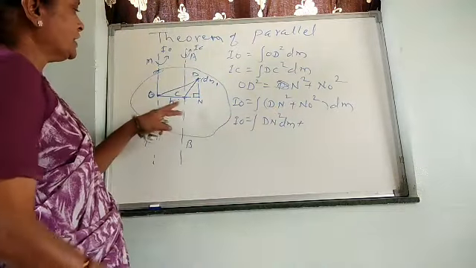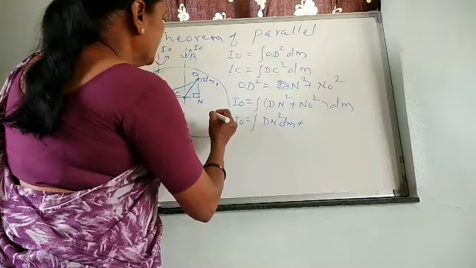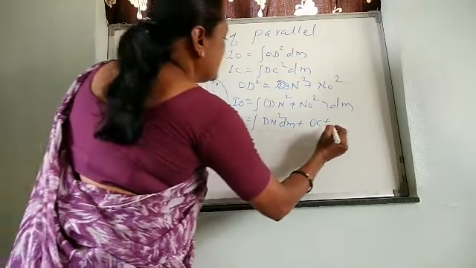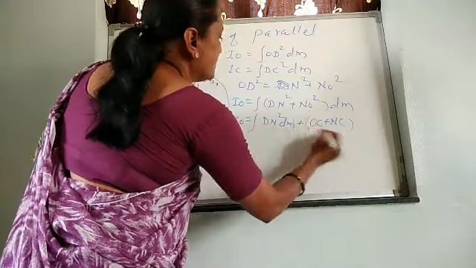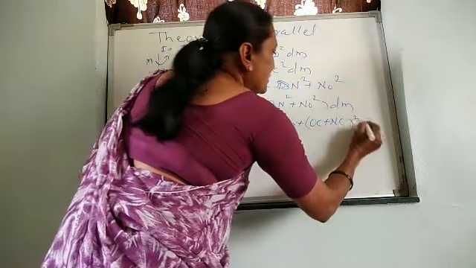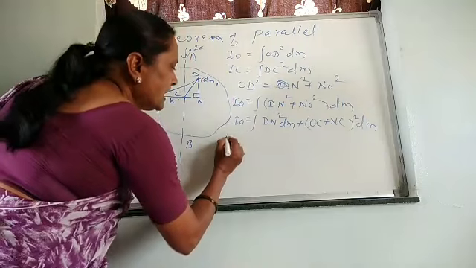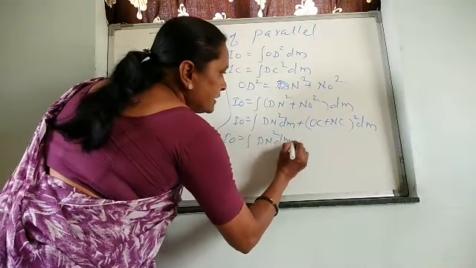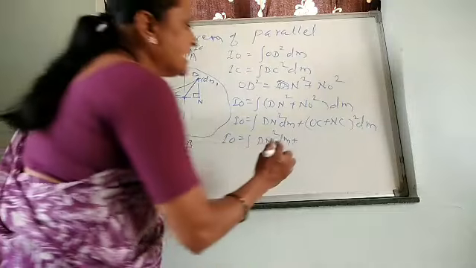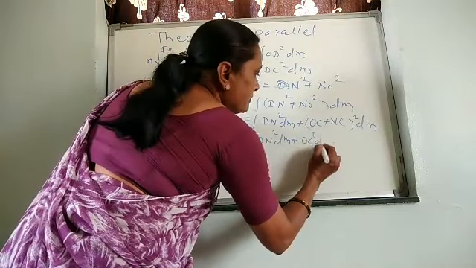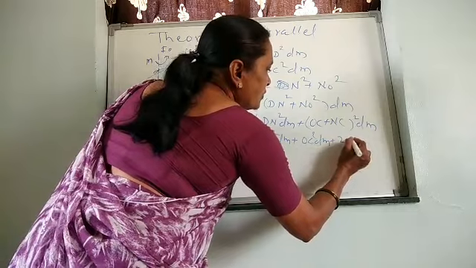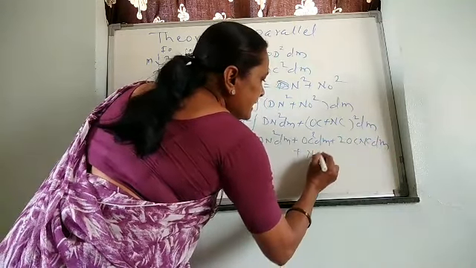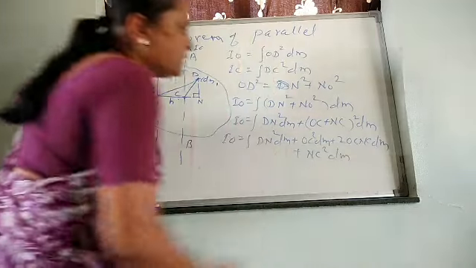NO square dm. NO square means OC plus NC, bracket square, into dm. That is, IO is equal to the integral of DN square dm plus, using (x plus y) square, OC square dm plus twice OC into NC dm plus NC square dm.